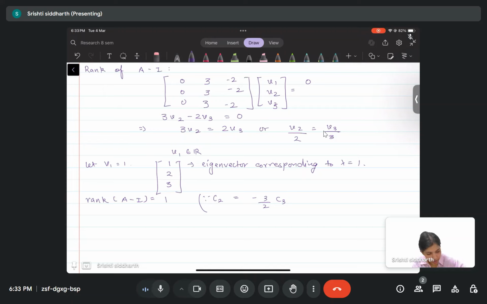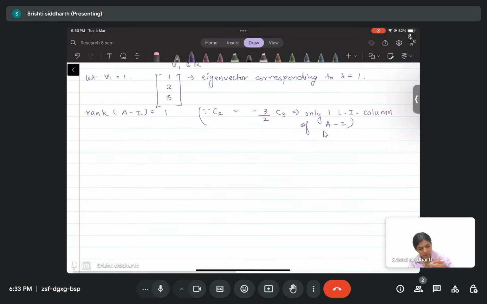One linearly independent. So according to the rank nullity theorem, therefore the dimension of the null space of A is 3 minus 1, which is 2.